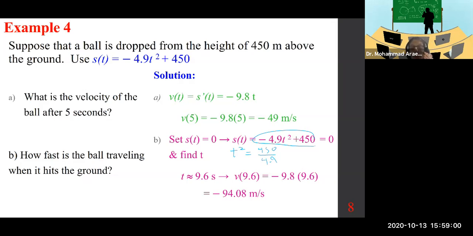And now you take a root, and there are two answers, plus minus. We only accept the positive answer. t is roughly 9.6.